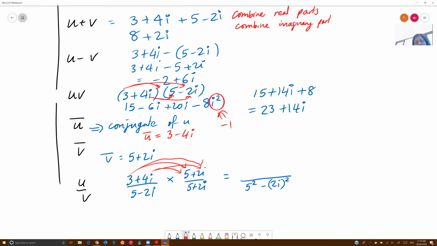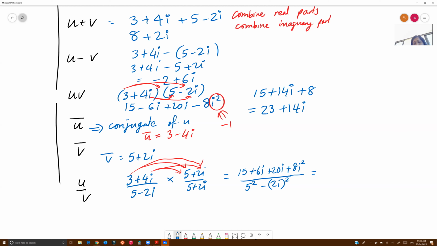Then we can simplify if need be. So 3 times 5 is 15, and 3 times 2i is 6i. Then 4i times 5 is going to be 20i, and 4i times 2i will be positive 8i squared.